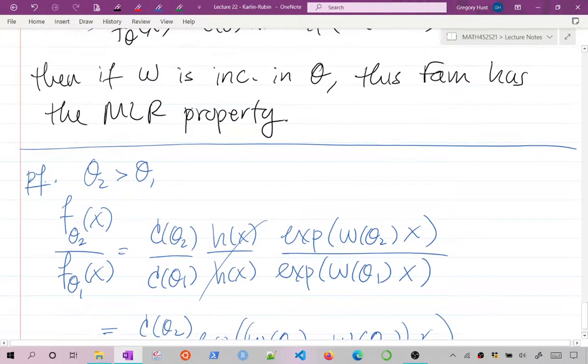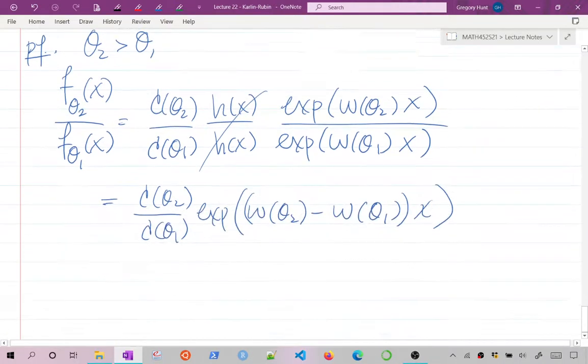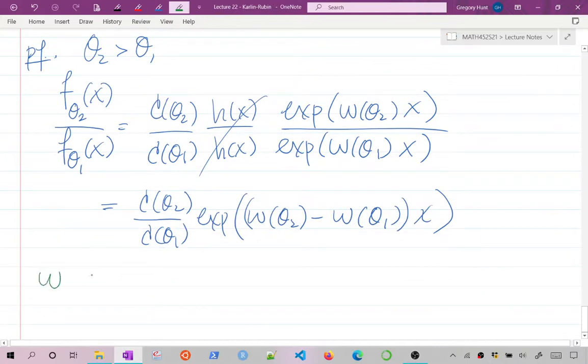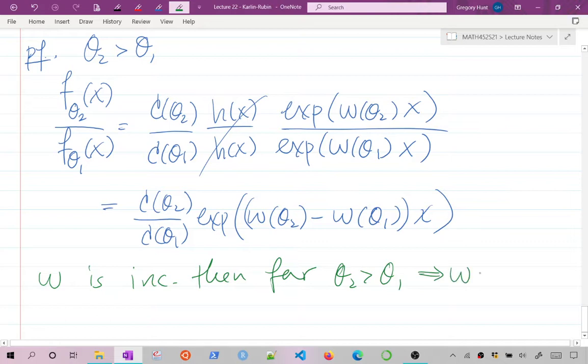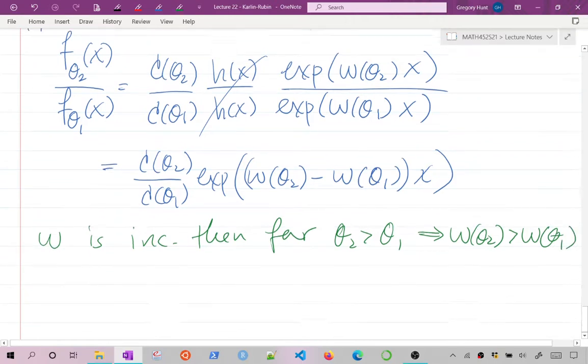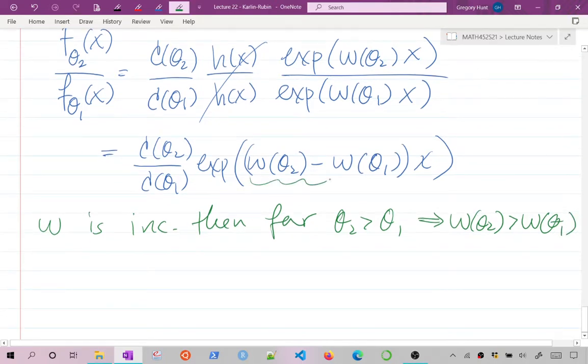And my claim and my theorem is that W is an increasing function in theta. So what does that mean? If W is increasing, then the definition of an increasing function is that if I have some theta 2 that's bigger than theta 1, W preserves that. W of theta 2 is bigger than W of theta 1. And so W of theta 2 minus W of theta 1 is bigger than 0.